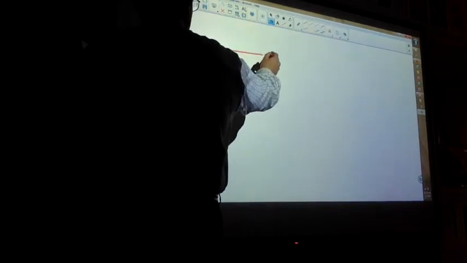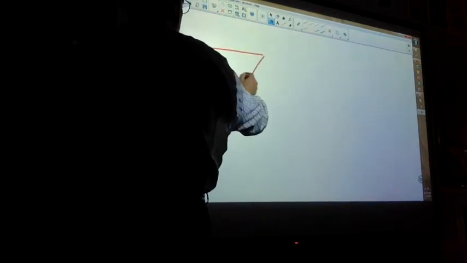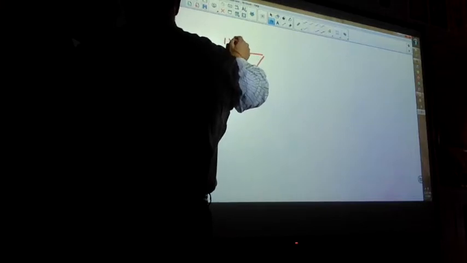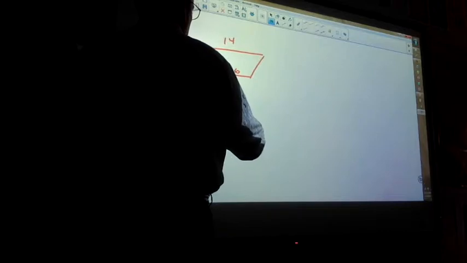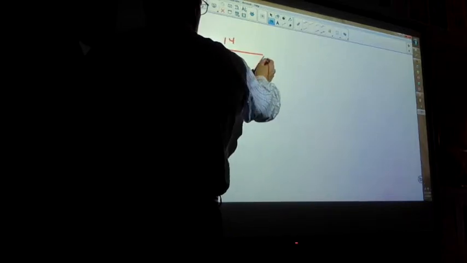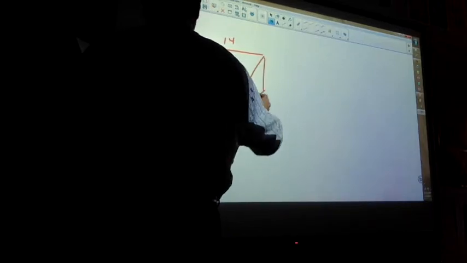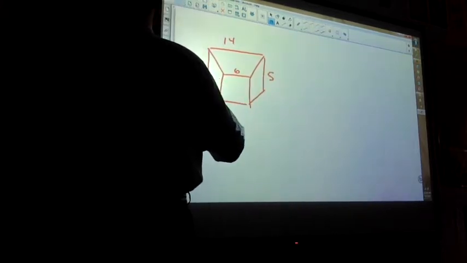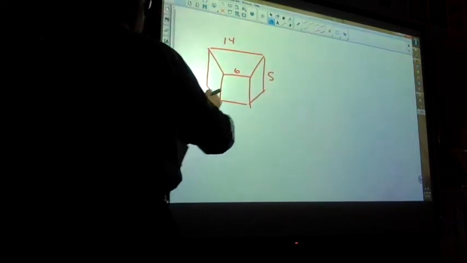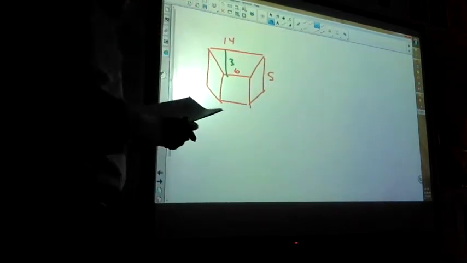Let's find the volume of this. That's 14. That's 6. That's 5. And they give this height here of 3.